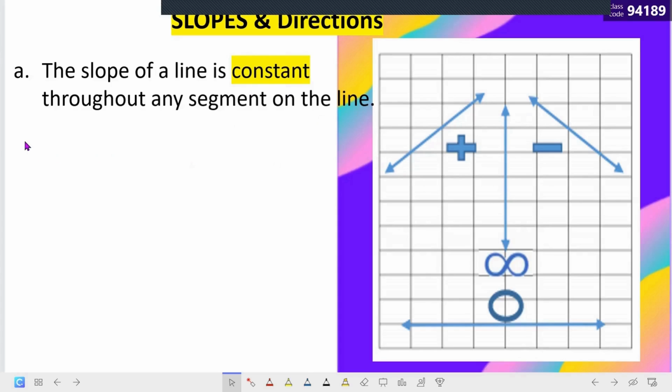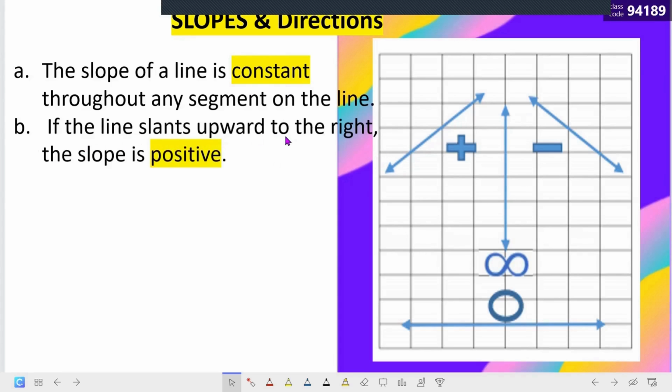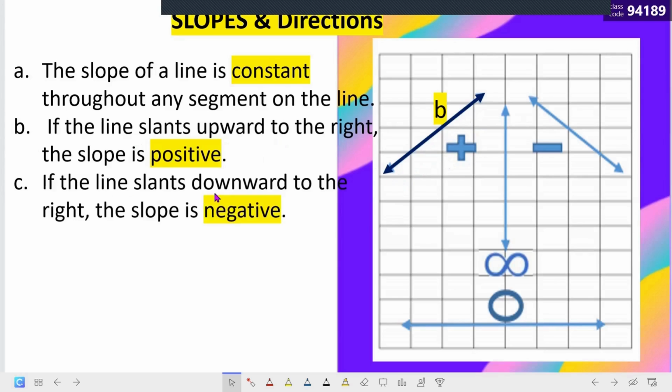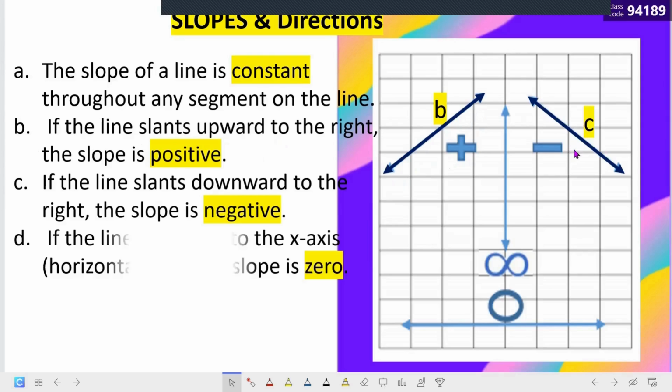All right. If the line slants upward to the right, the slope is, of course, positive. If the line slants downward to the right, our slope is negative. And if the line is parallel to the x-axis, our slope is 0.